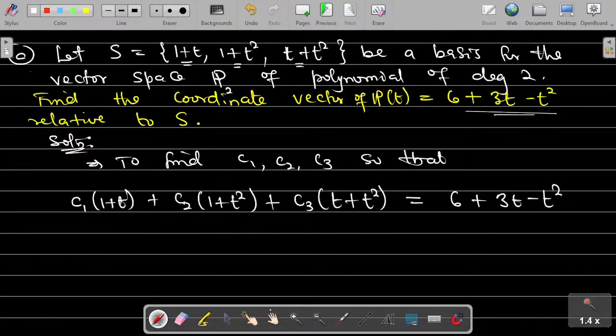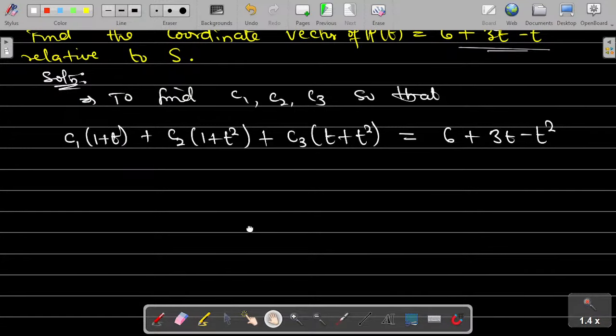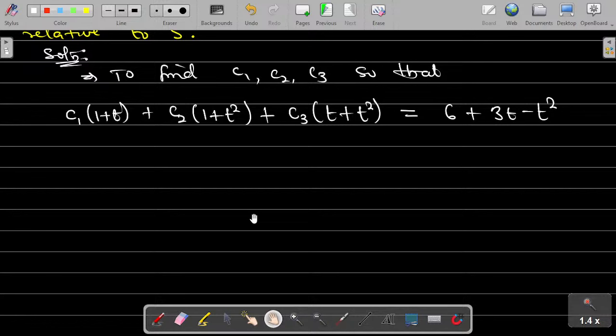So we are looking for the values of those constants. Once we get them, we put them as a column matrix, and that gives the coordinate vector of p. All you need to do is open the bracket and compare coefficients of constants, coefficients of t, and coefficients of t squared.